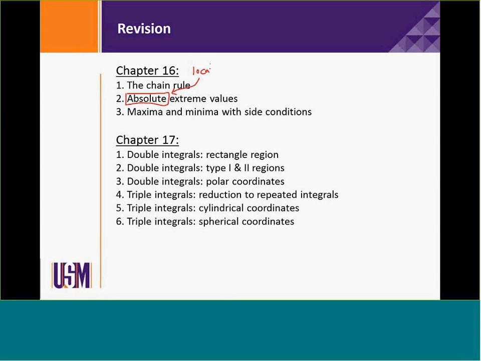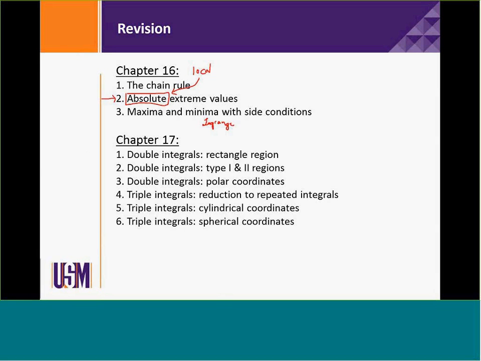So you still need to study the local extreme value in order to solve for the absolute extreme value. This is more difficult, but this is the one that will come up. Then the maxima and minima with side conditions. Normally we will use the Lagrange formula. Lagrange is easier compared to the cross product. The Lagrange formula.